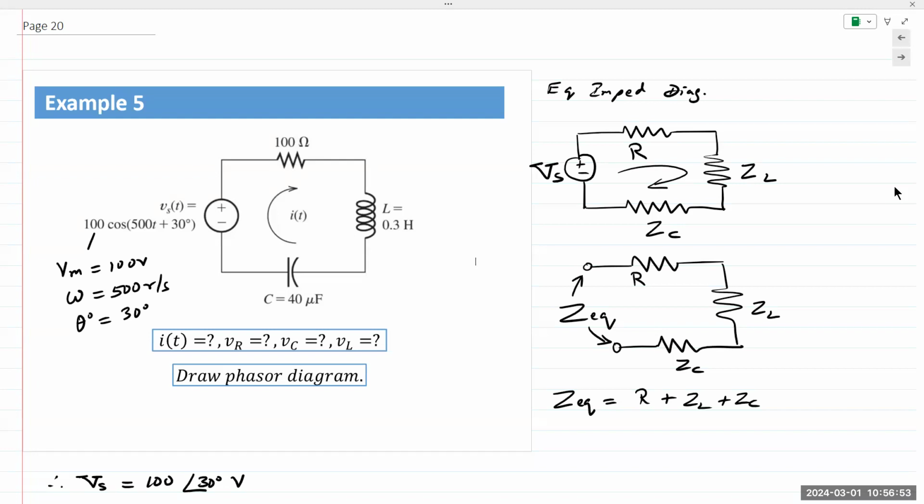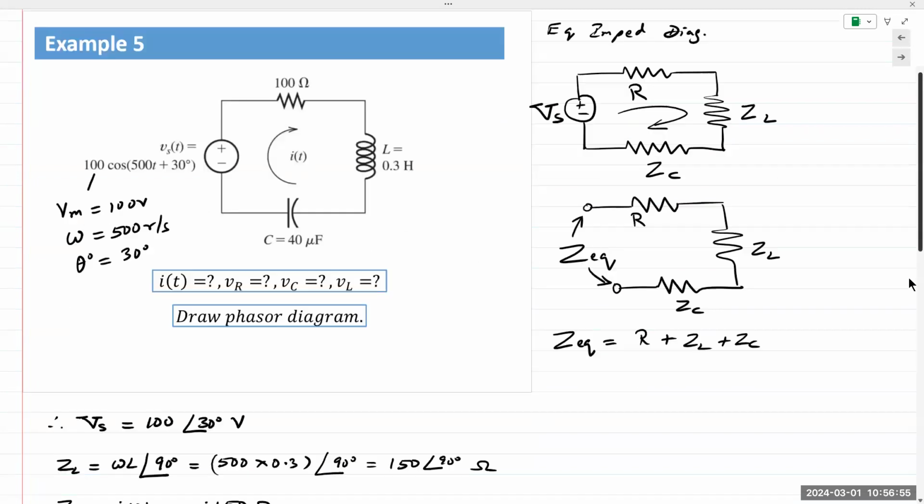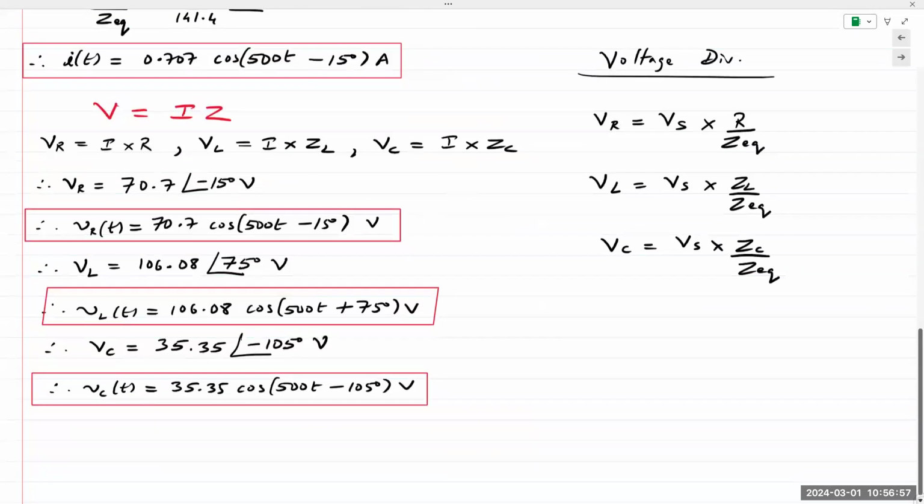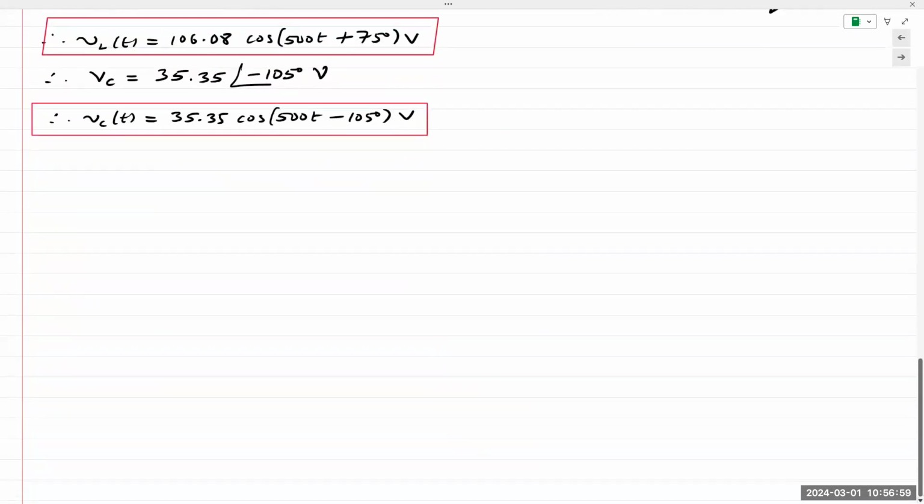Okay. So phasor diagram. Let's draw out the phasors for all of the components.